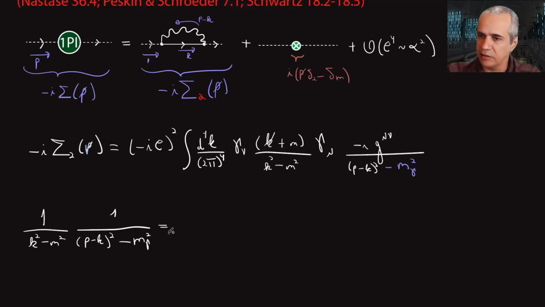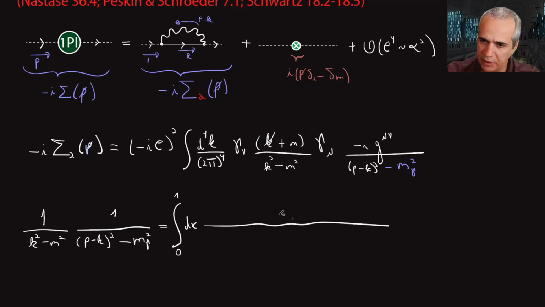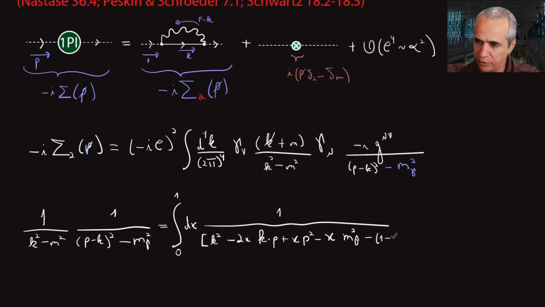I can write it in terms of a Feynman parameter, call that parameter x as usual, and that becomes a big denominator, which is k squared minus 2x k dot p plus x p squared minus x m gamma squared minus (1 minus x) m squared, all to the power of 2.